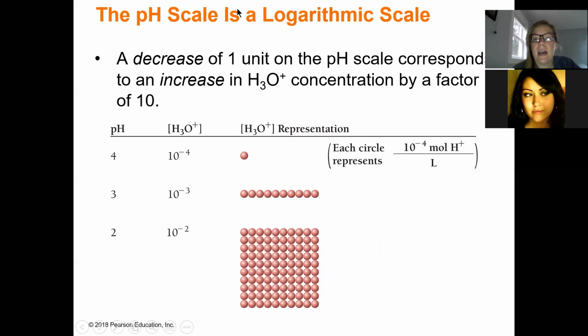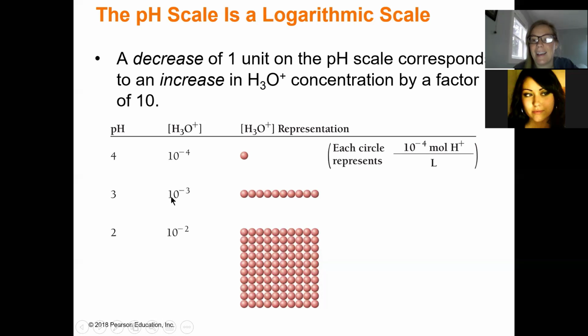So the pH scale is actually what we call a logarithmic scale. A decrease of 1 unit on the pH scale corresponds to an increase in H3O plus concentration by a factor of 10. So if I go from a pH of 4 to a pH of 3, we're increasing our acidity by a factor of 10, going from 10 to the negative 4 to 10 to the negative 3.